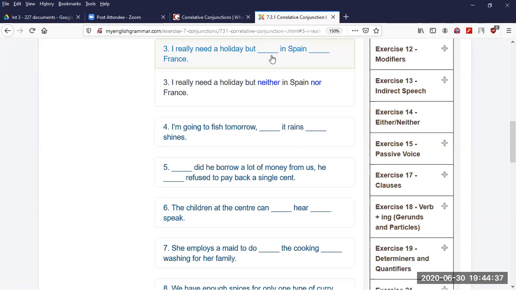It works well. That's when they're saying not. So you don't want to go to Spain. You don't want to go to France. You can also use that with either and or. But then it boils down to context.